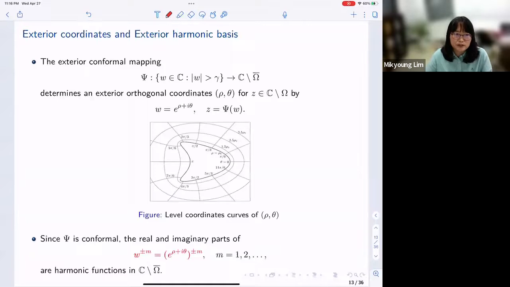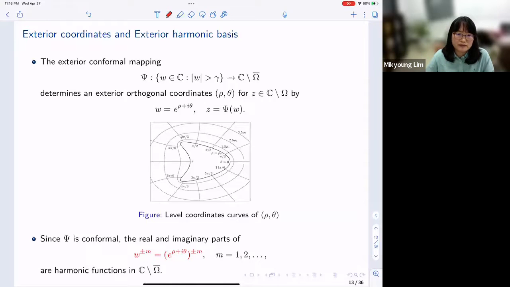To do that, we need to define an exterior coordinate. The exterior conformal mapping, since it is conformal, defines an exterior orthogonal coordinate rho, theta in the exterior region by w equals exponential of rho plus i theta, and the relation is z equals psi(w).